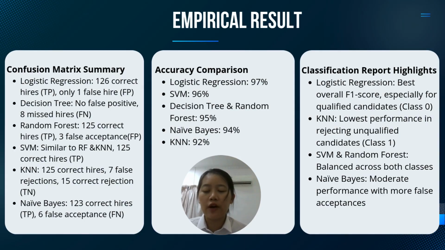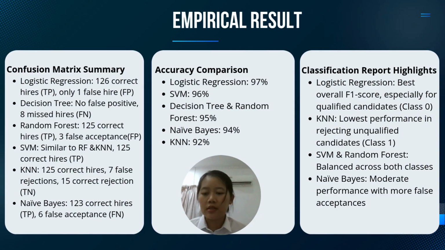The decision tree avoids any false hirings, which is excellent, but it misses eight qualified candidates. It has 121 true positives and 17 correct rejections.